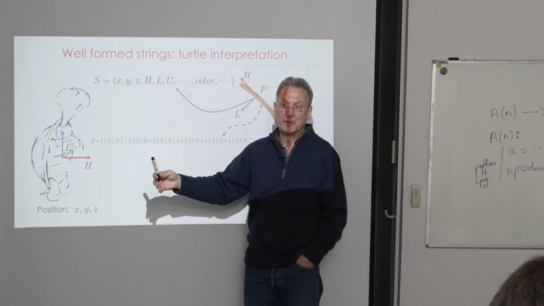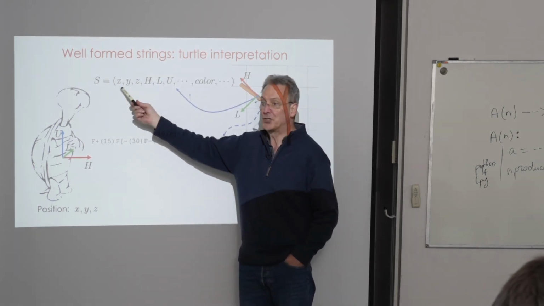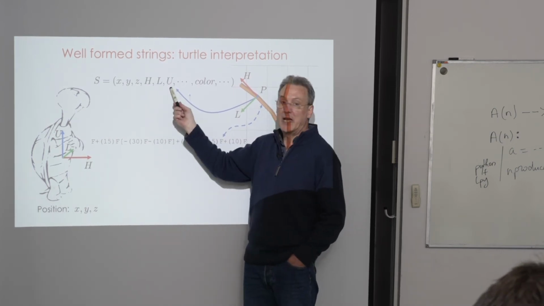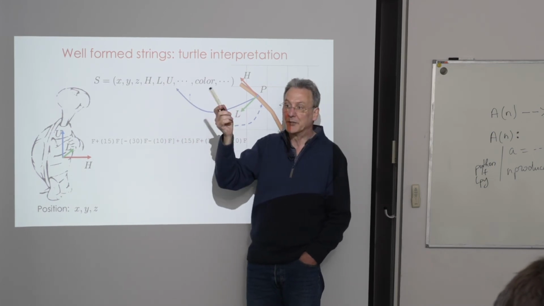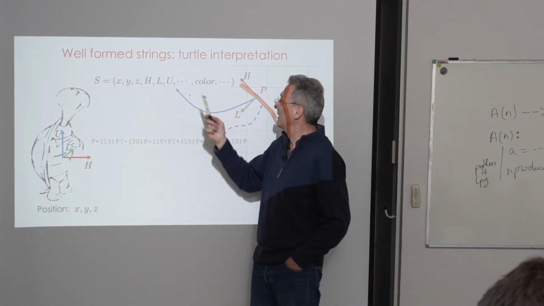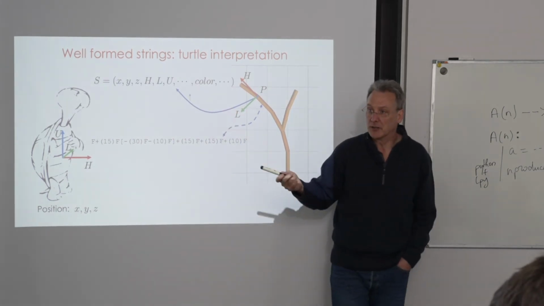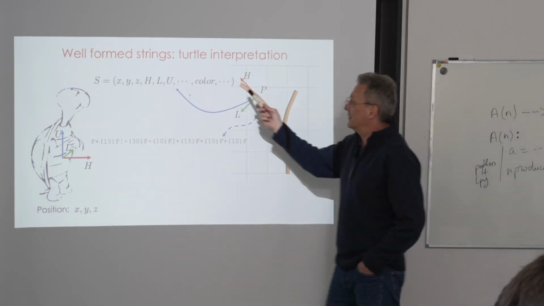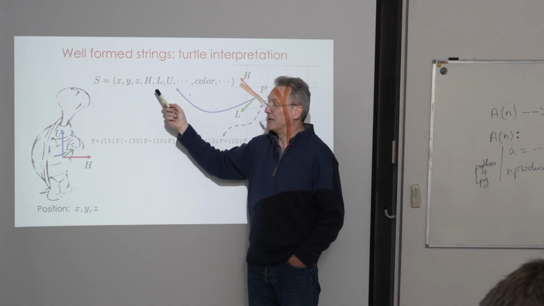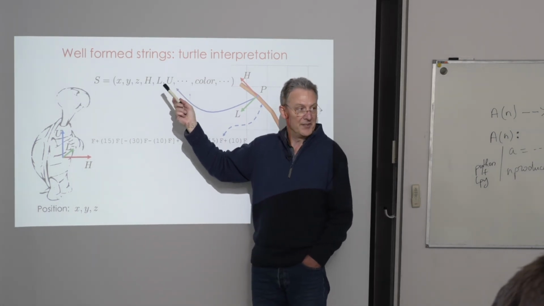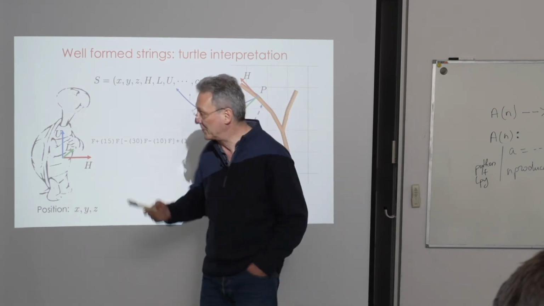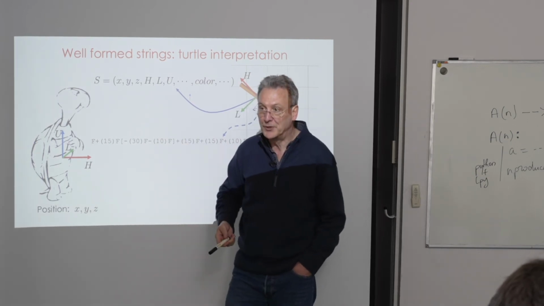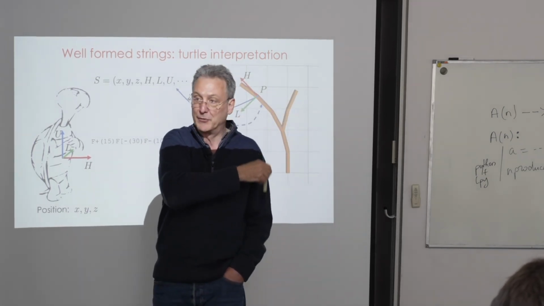And there are many things in the state, but the most important things are the position of the turtle, where she is in the space, the HLU frame, what are the orientations of H, L, and U, and a number of things like the color of the turtle, the material, etc. It is thanks to this state that the turtle is able to make the next move forward, because she knows the HLU, she knows the XYZ, so she knows how to interpret an F from the previous position. Okay?